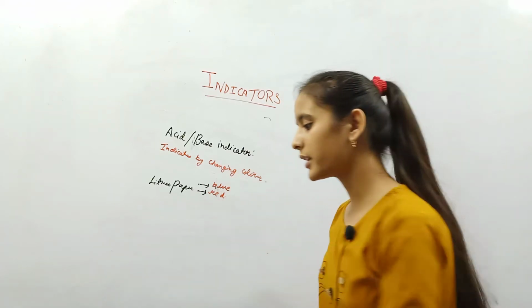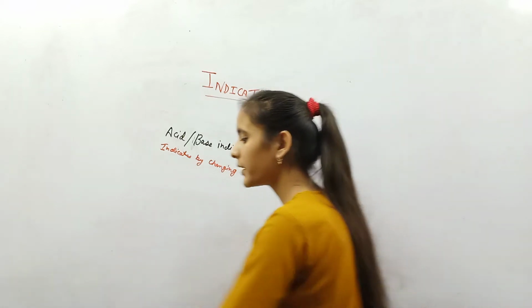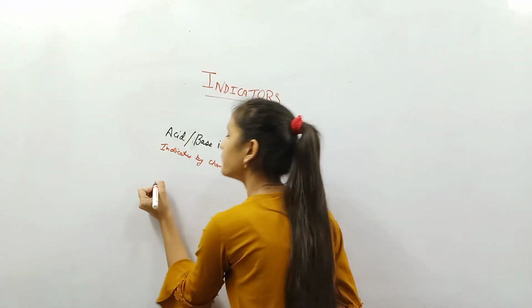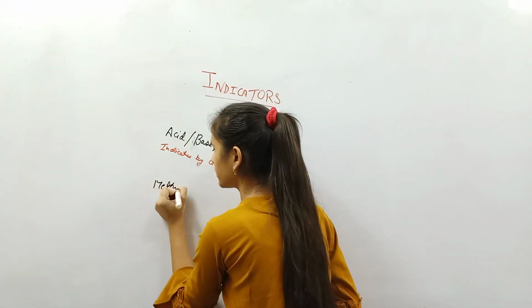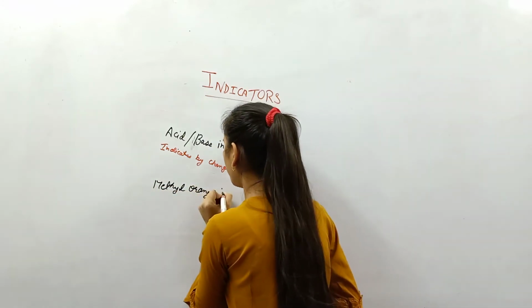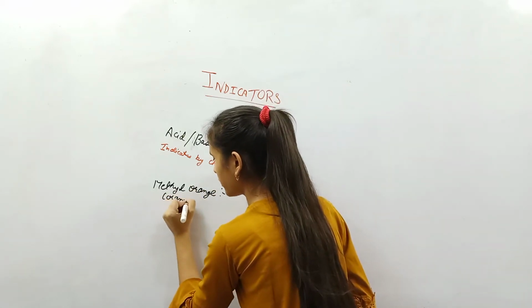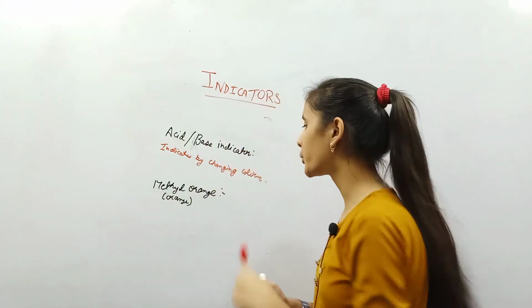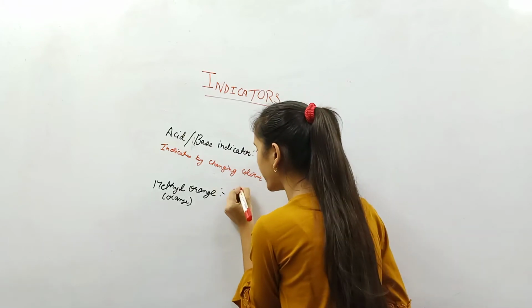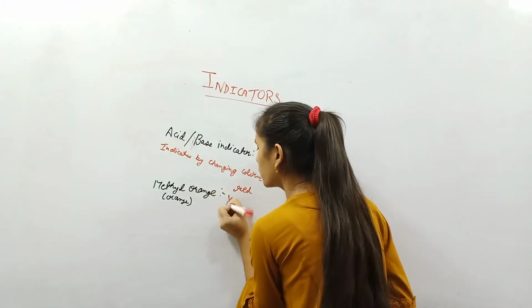Another example is methyl orange. Methyl orange's natural color is orange, but when it is put into acid it changes to red, and when it is put into base it changes to yellow.